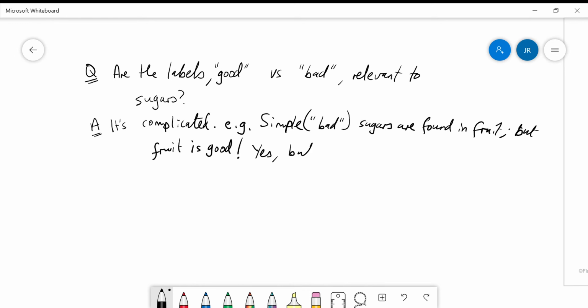Yes, but eating too much fruit can lead to obesity, and that's bad.